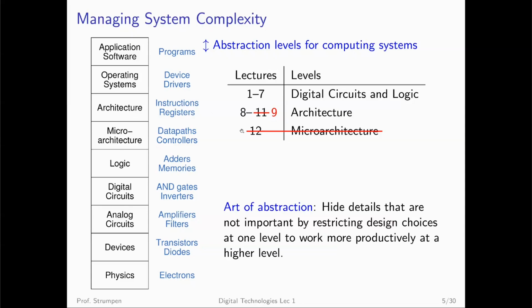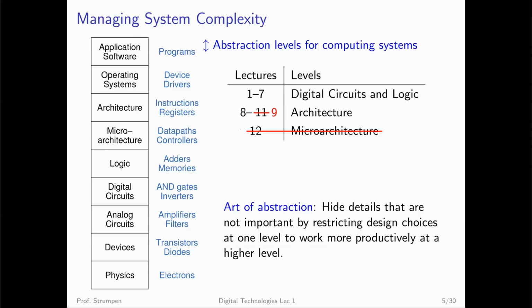Right now, unfortunately, we're probably not going to get there, but there is still enough opportunity in the 3 layers that we are going to cover to understand one very important principle that is used to manage complexity in such complex systems, and that is the art of abstraction.